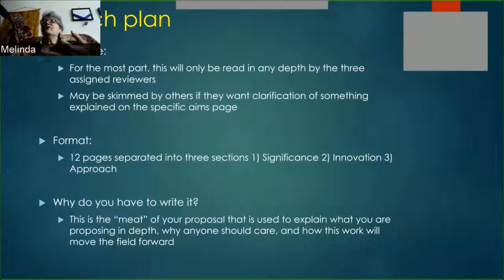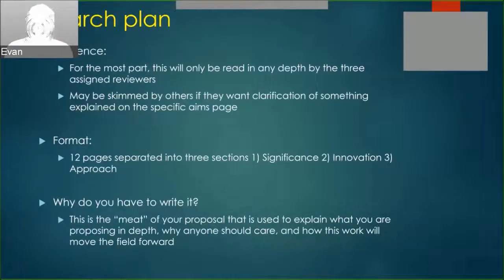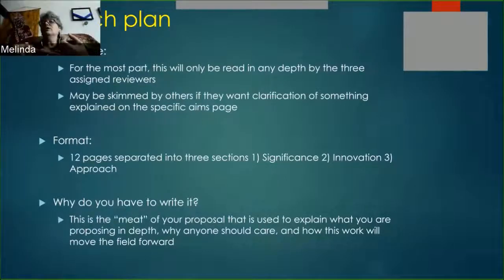The reviewers of the revised application will read the project summary from the prior submission, because that'll give them an idea of the scope of the prior submission. They'll have the reviews of the prior submission and the project summary, but they will not have the body of the prior submission.